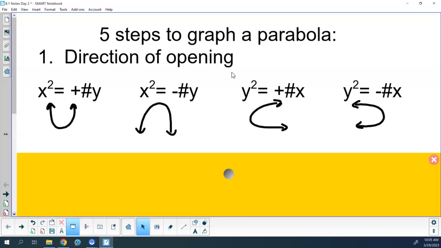On your supplemental sheet, you should also have the 2 general forms: quantity x minus h squared equals plus or minus 4p times the quantity y minus k, all that fun stuff. Okay? Step number 2. Vertex. Where is the vertex? So I'm thinking oppositely, yes.